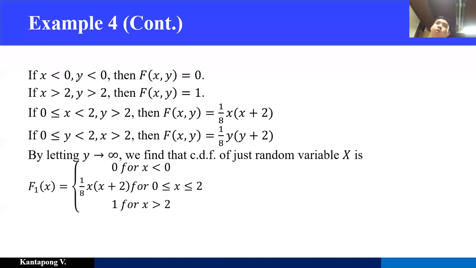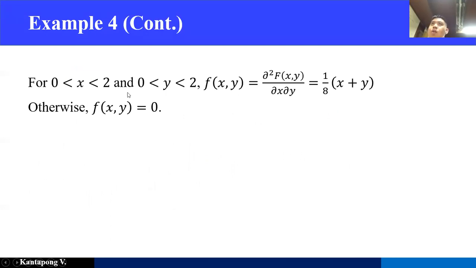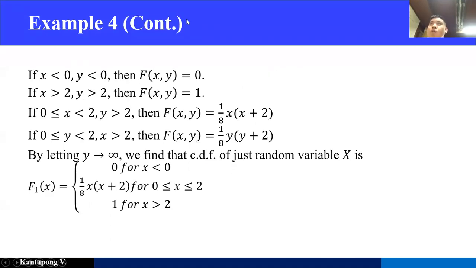So y less than 0 gives 0. Y greater than 2 and x greater than 2 gives 1. Now x between 0 and 2 and y greater than 2: this one comes from this one, because we know that if y is greater than 2, F(x,y) is equal to F(x,2).